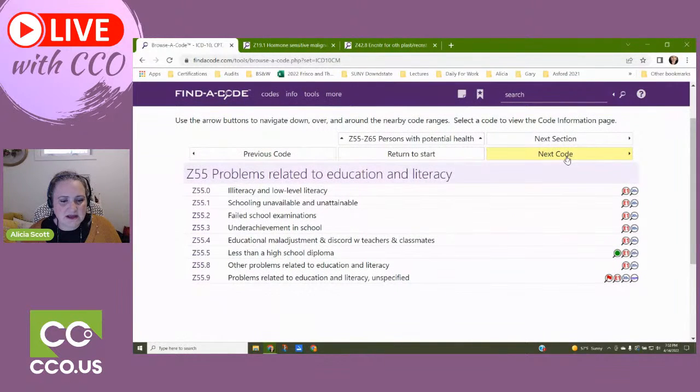Let's see. Related to education and literacy, this is pretty interesting: less than high school diploma. Why would that be applicable? Or failed school examinations. Why would that be something that we would be keeping statistics on?